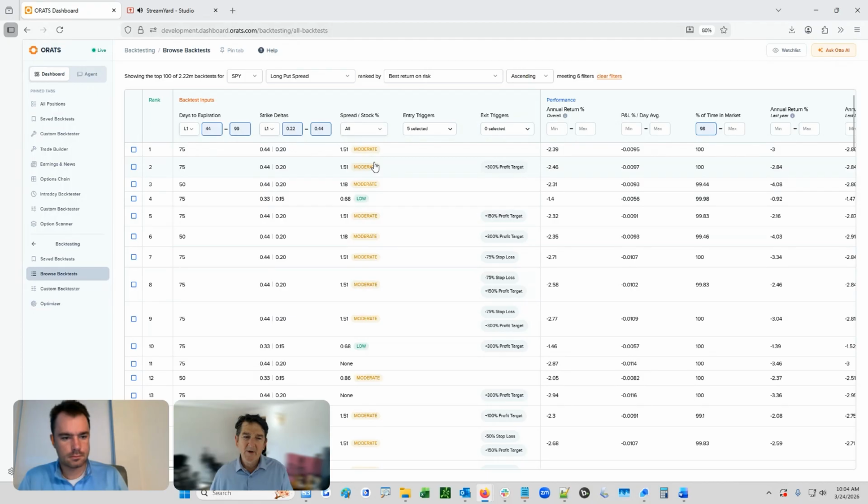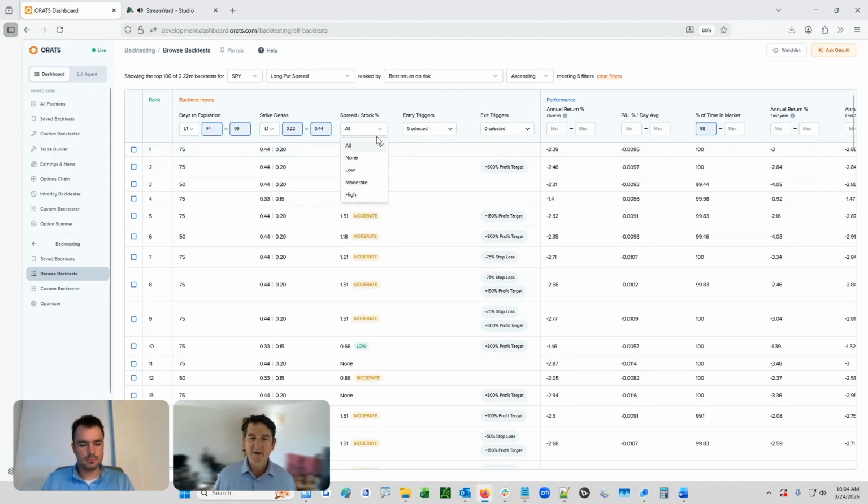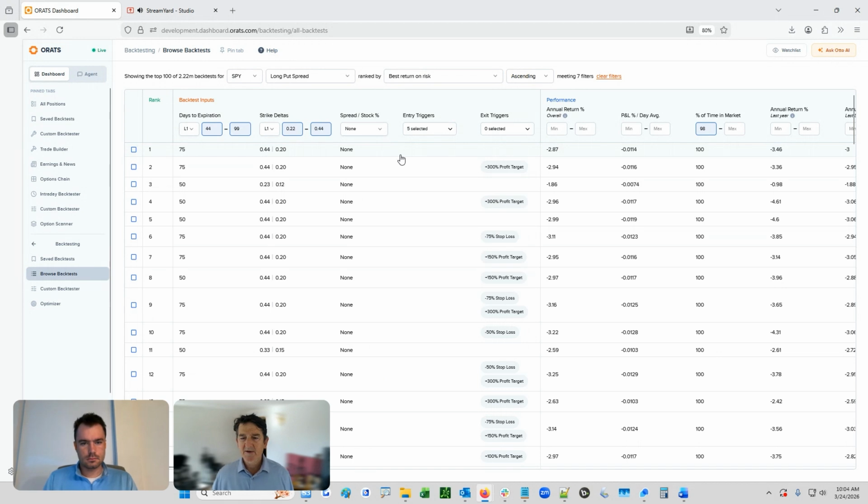I kind of don't want the spread to stock ratios in here. I'm going to take that out too. I'm okay with having exit triggers. I think that's actually good to have a way to get out of these. But you'll see that the returns are fairly poor on these.